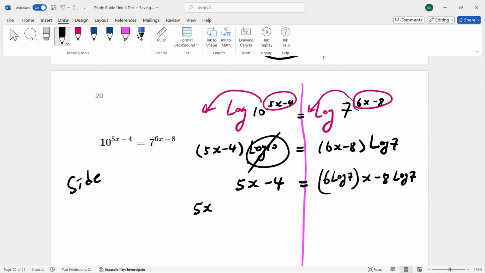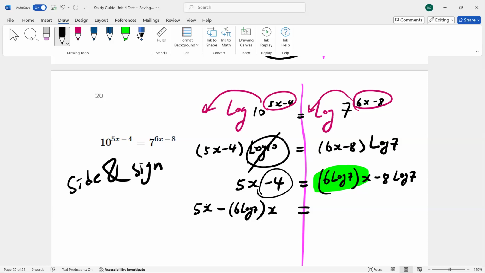So if we want to move this term over, do it, but just remember, you have to change the sign of it. So 6 log 7 x. Same with here. We want to move this term over, do it, but change the sign. It's negative 4 on the left side, now it's positive 4 on the right side. Minus 8 log 7, right?